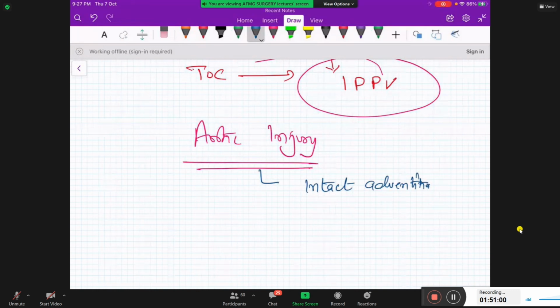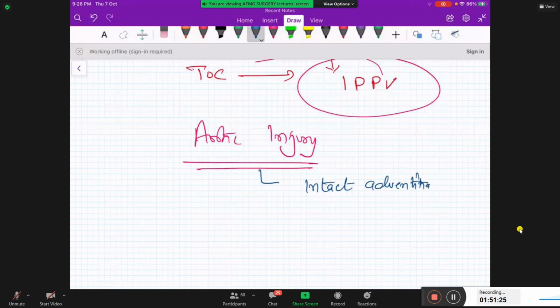Only such a patient of aortic injury can reach the emergency room. And it is like a ticking time bomb now. Anytime, because there is very high pressure in the aorta, this adventitia will give way and the patient will have torrential bleeding, right?